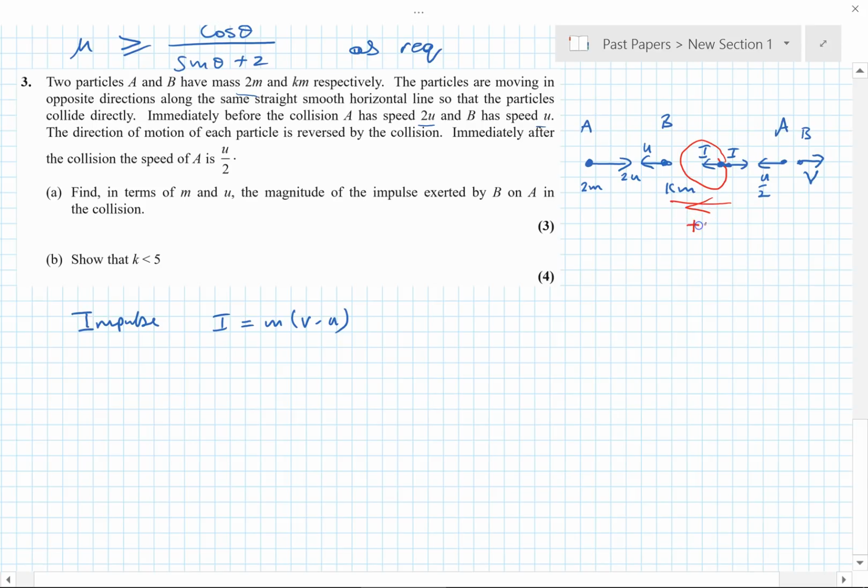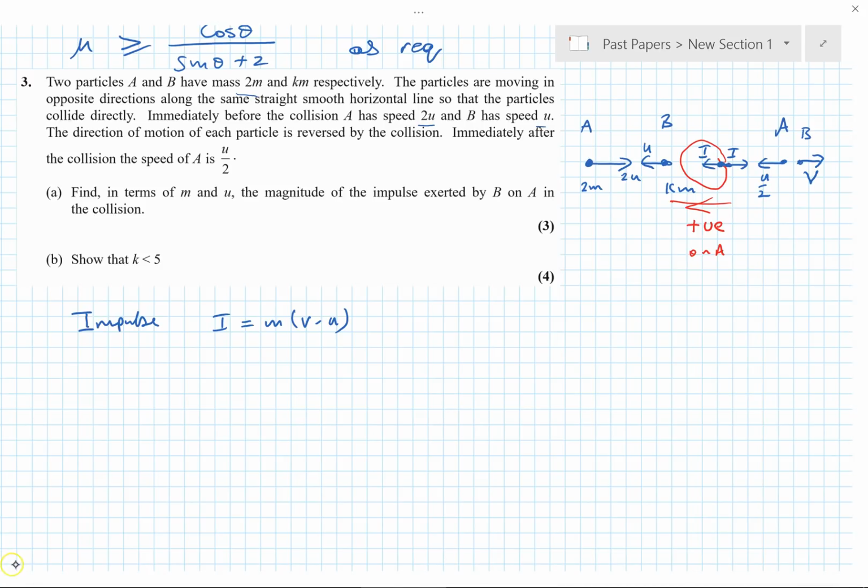So it might be easier to regard this way as positive on A. So any forces or impulses in that direction we're going to call positive, and then apply the impulse equation, but you have to be very careful with signs.